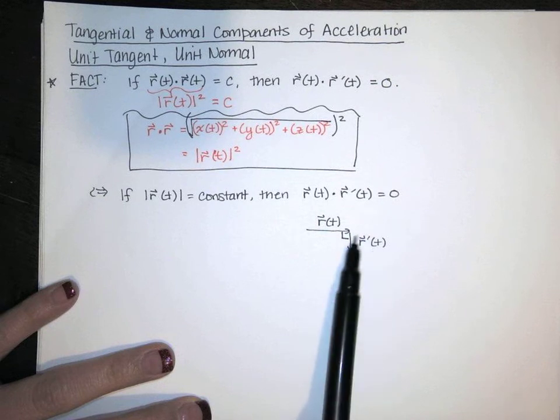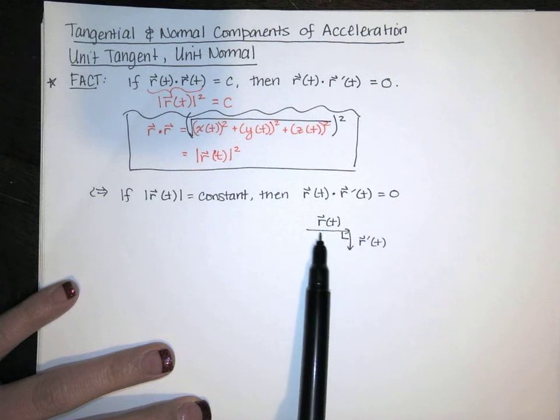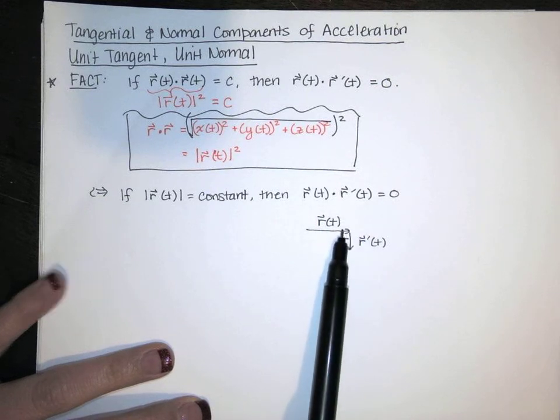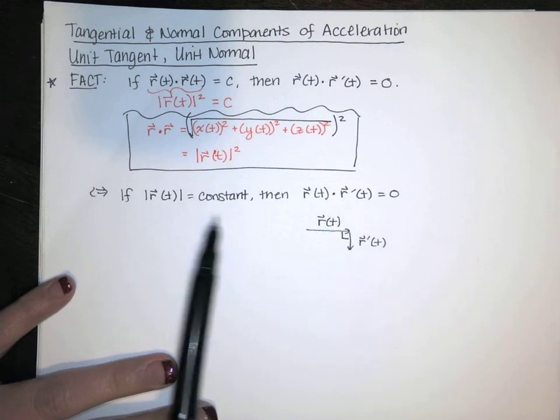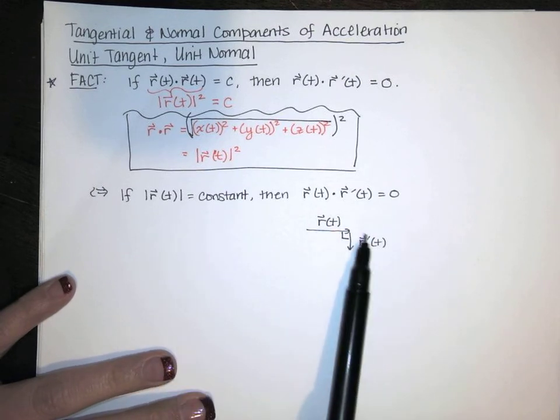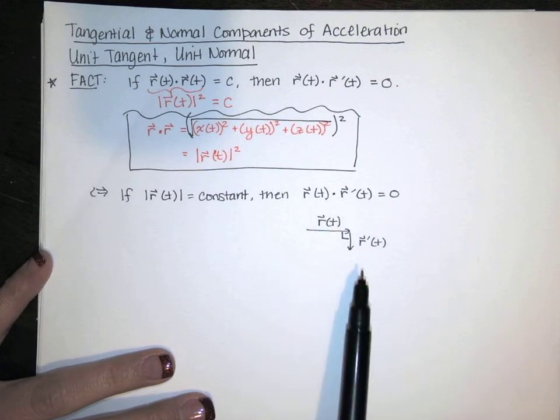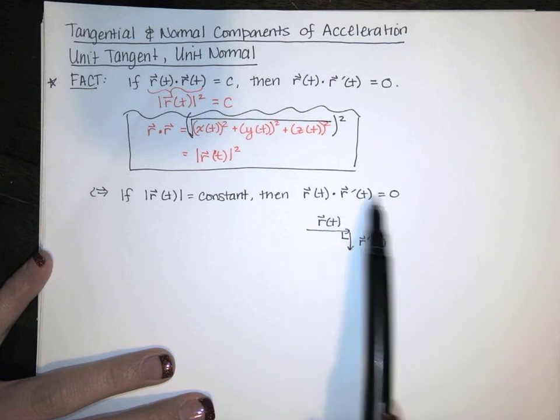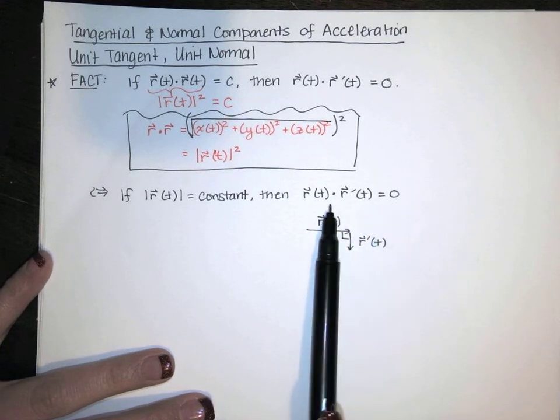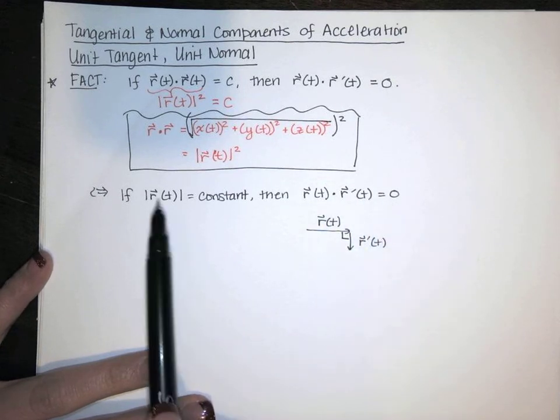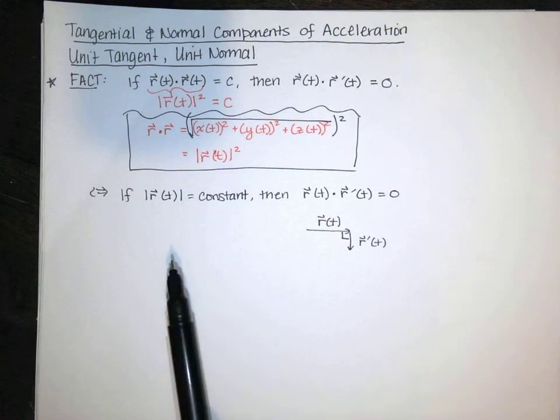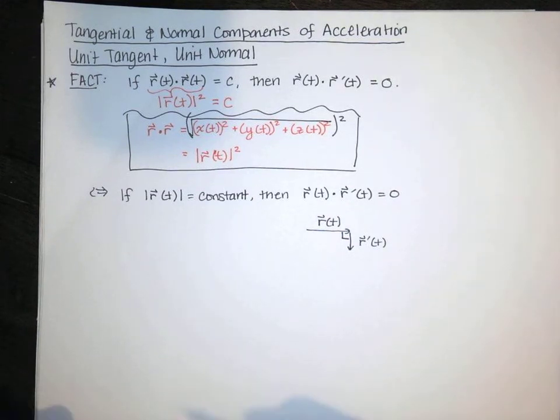Or if I had some part of the derivative that was acting in the opposite direction from r, the new r would be shorter. So this is saying that if r stays exactly the same length, then those have to meet at 90-degree angles. Or alternatively, if they don't meet at a 90-degree angle, so that the dot product's not 0, then the length of that vector has to change.